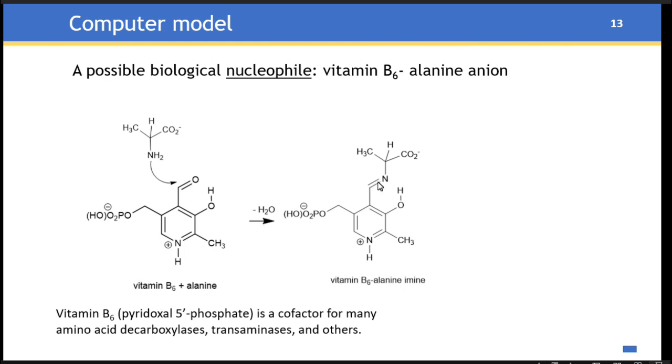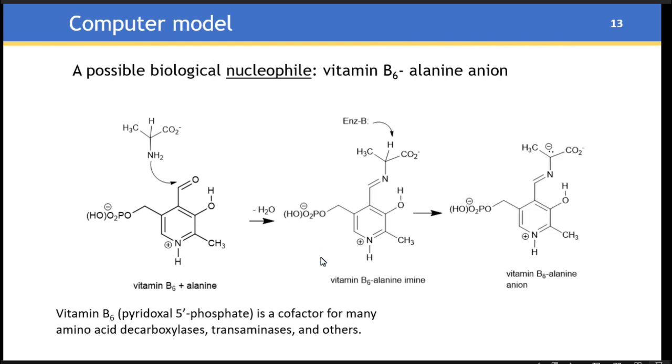This, in effect, connects the alpha carbon with this electron-withdrawing group in the cofactor. So if an enzyme pulls off the hydrogen, as we suggested before, to make an anion here, the attached cofactor stabilizes the anion and makes it much easier to remove the hydrogen compared to the amino acid by itself.